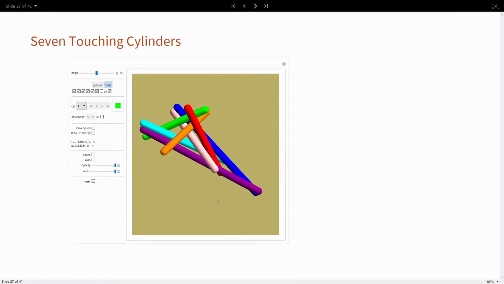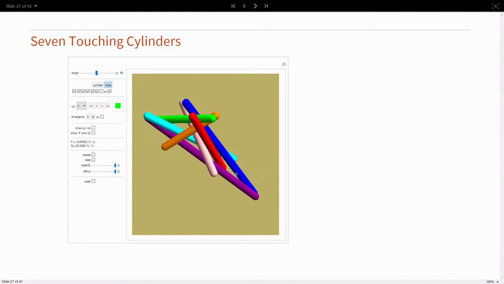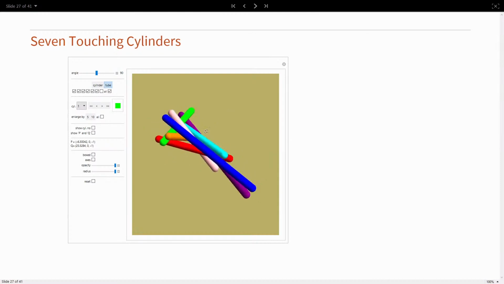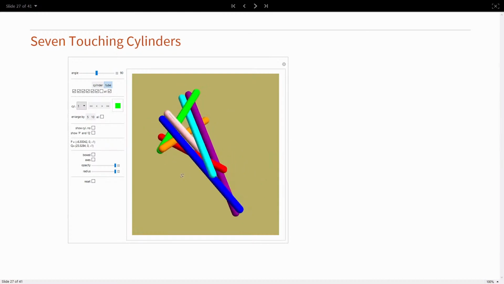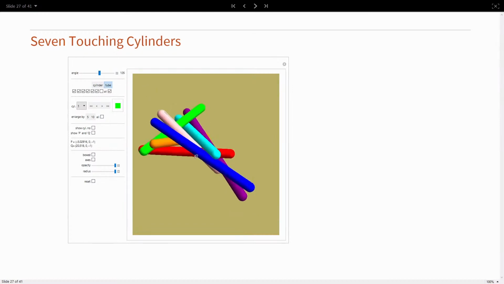If we expand the lines, we can try to find a maximal number of cylinders that all touch each other. This was an unsolved problem until just a few years ago, when these 7 cylinders that all touch each other were found. And you can adjust the angle with these.